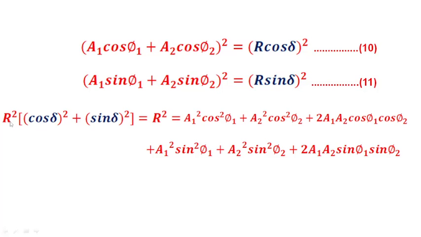So R square into bracket cos square delta plus sin square delta, and the value of this is 1, is equal to R square is equal to A1 square cos square phi 1 plus A2 square cos square phi 2 plus twice A1 A2 cos of phi 1 into cos of phi 2 plus A1 square sin square phi 1 plus A2 square sin square phi 2 plus twice A1 A2 into sin of phi 1 into sin of phi 2.